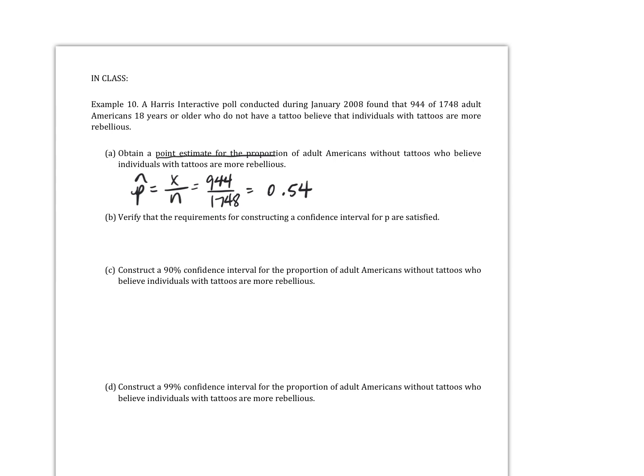All right, B says, verify that the requirements for constructing a confidence interval for P are satisfied. Okay, what are the requirements or conditions or assumptions? Random sample. Was it random? Did they tell us it's random?